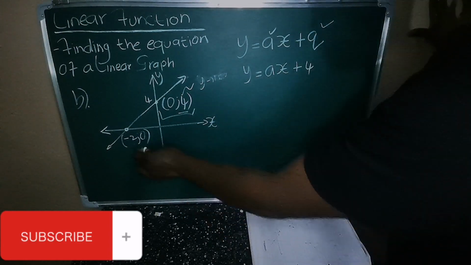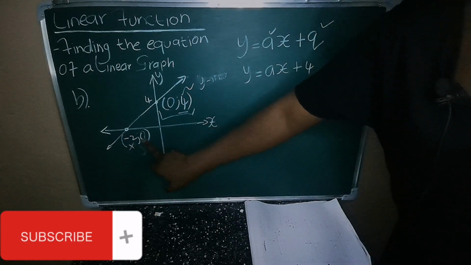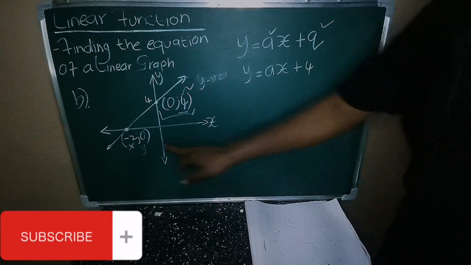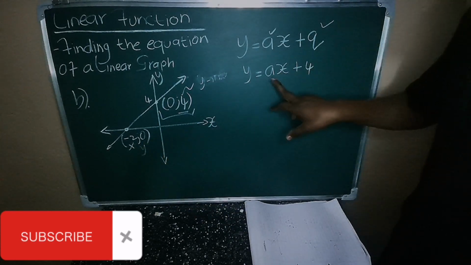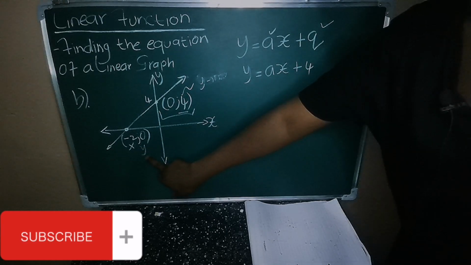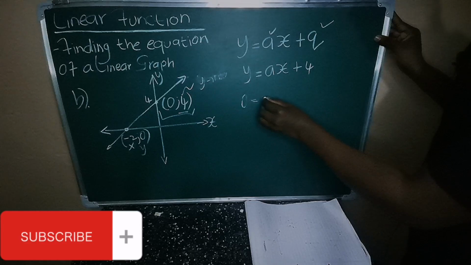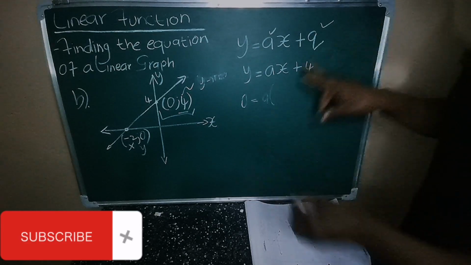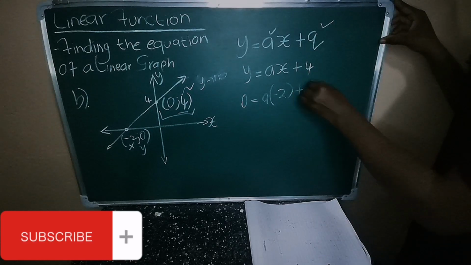For x, we've got negative 2. For y, I've got 0. Therefore, where I see x, I put in negative 2, and where I see y, I put in 0 to solve for a. So 0 equals a multiplied by negative 2, plus 4.